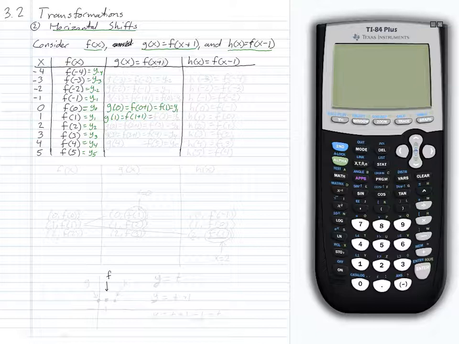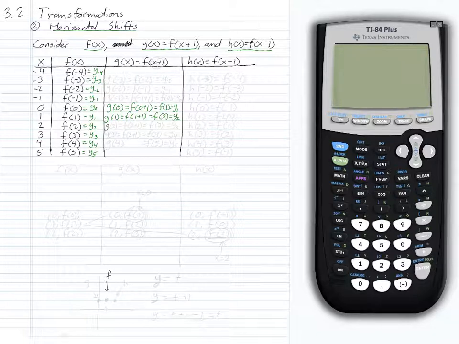So plugging in our x value and adding 1 before we evaluate. So f of 2 is actually what that y-coordinate will be. Now we don't know what those numbers actually are, but we know that f of 1 is the output when x equals 1 in our original function.